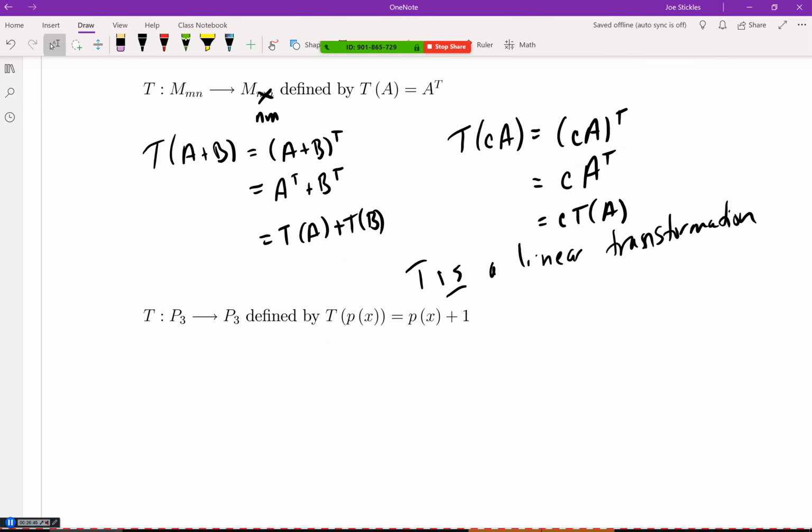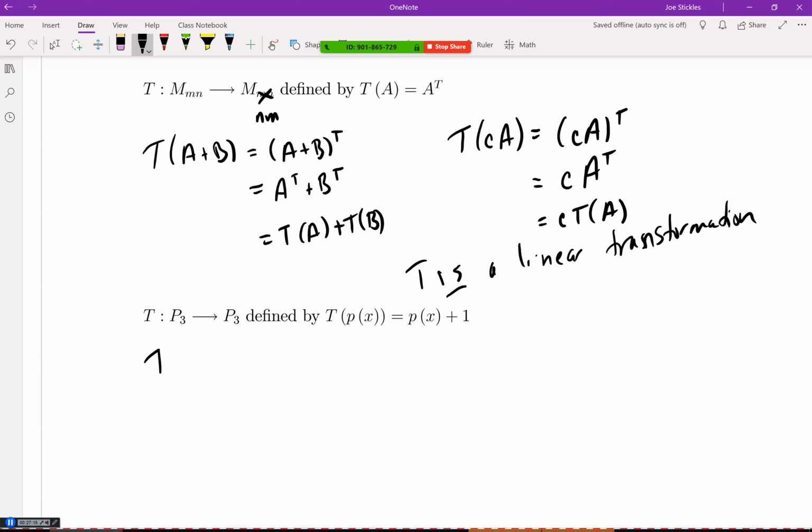All right, let's think about this last one for a second. Remember the P sub n, in this case P sub 3, is just polynomials of degree 3 or less, along with the zero polynomial. And we're going to define it by what looks like a shift. Thinking about it graphically, this would shift the polynomial up 1. Is this going to be a linear transformation?